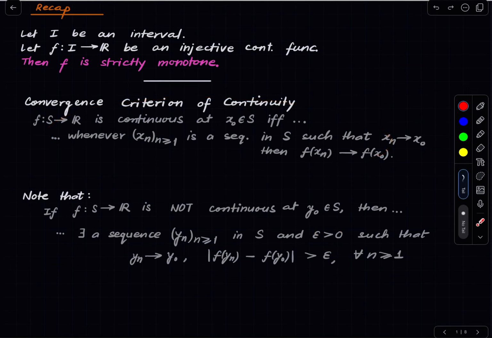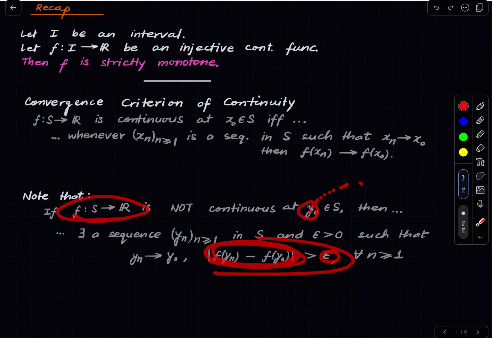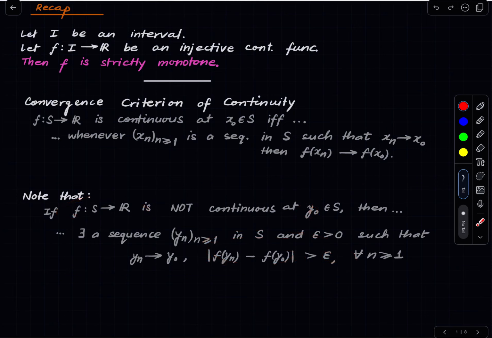Why can you deduce that? If this function is not continuous at y naught, then there must be a sequence of points in S which converges to y naught, but the image sequence does not converge to f of y naught, which means that there is some epsilon for which this thing is not bounded by epsilon frequently. However, in this statement I've written for all, I haven't written frequently. Doesn't matter.